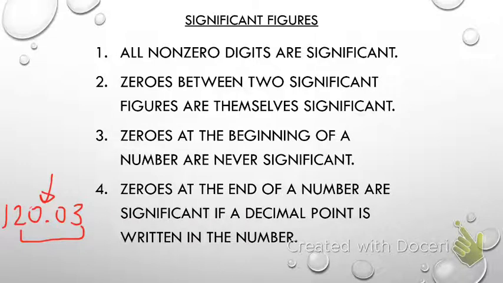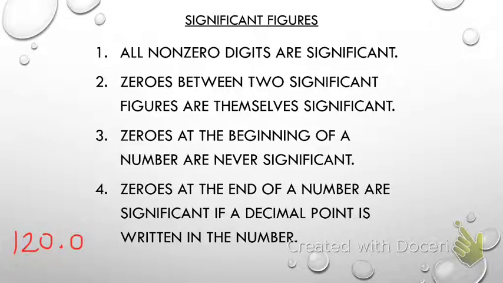That's easy. What if it was this? 120.0. How many significant figures are there? Since there is a decimal point, both of these zeros are significant, so there are 4 significant figures.